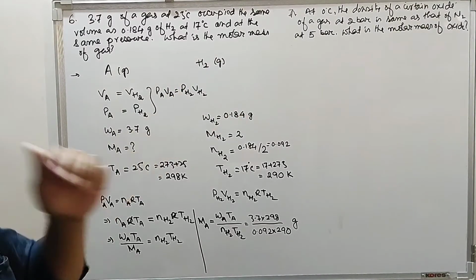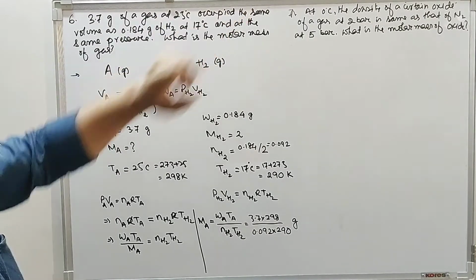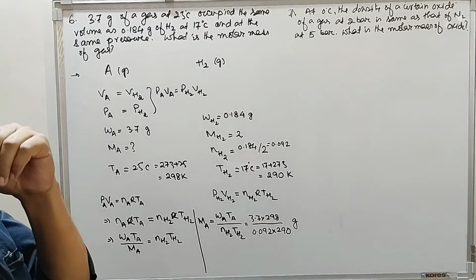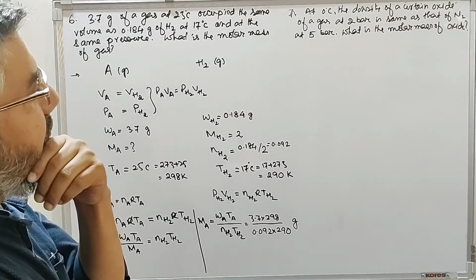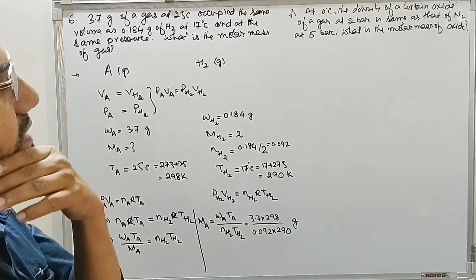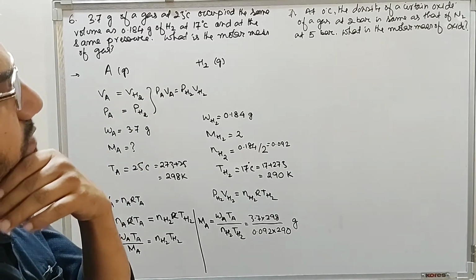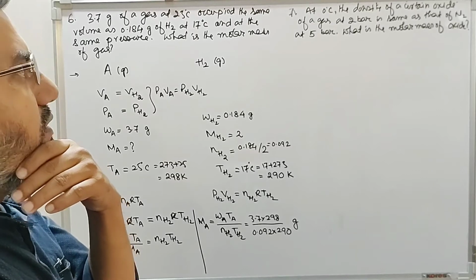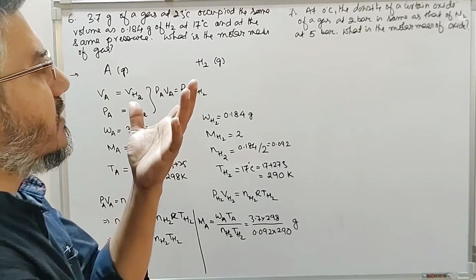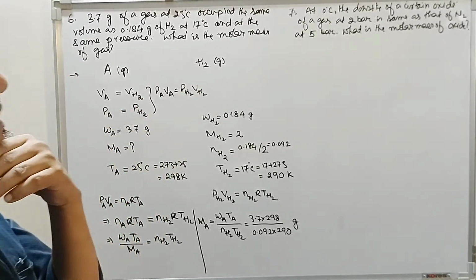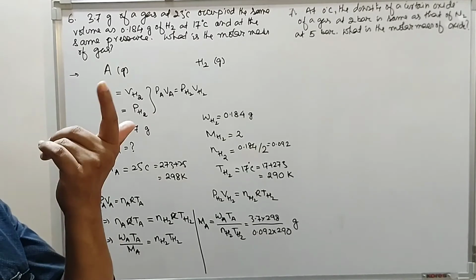So coming to this question: at 0 degree centigrade, the density of a certain oxide of an unknown gas at 2 bar is the same as that of nitrogen gas at 5 bar. What is the molar mass of the oxide?